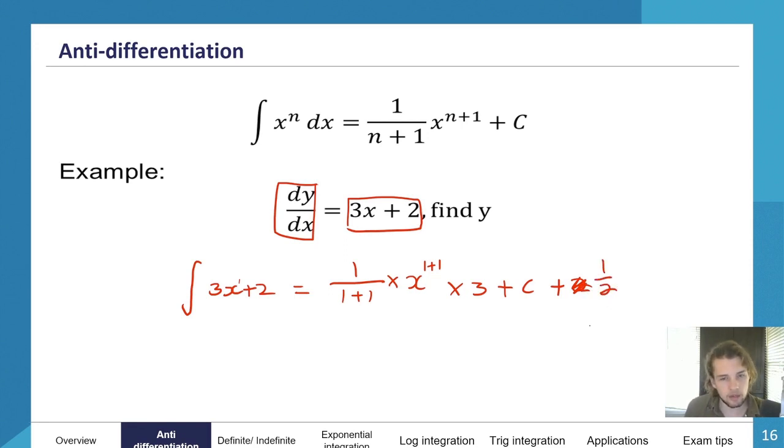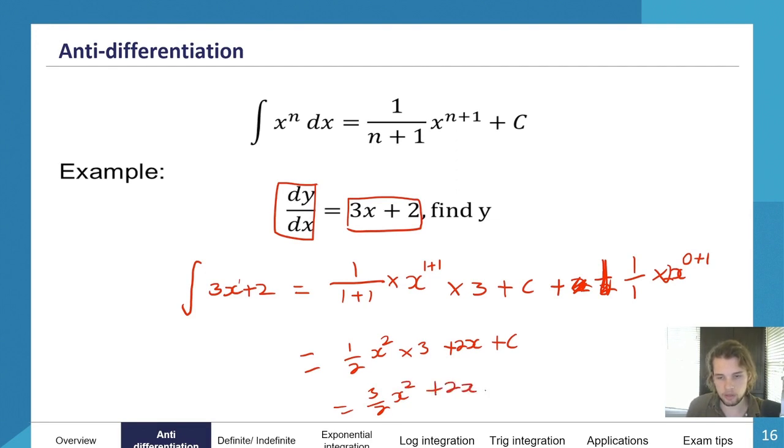So we also have a plus 1 over 1, times x to the power 0 plus 1. Am I making a mistake? So this culminates in 1 over 2 x squared times 3, plus this should have a 2 at the front, plus 2x plus c, equals 3 over 2 x squared plus 2x plus c.